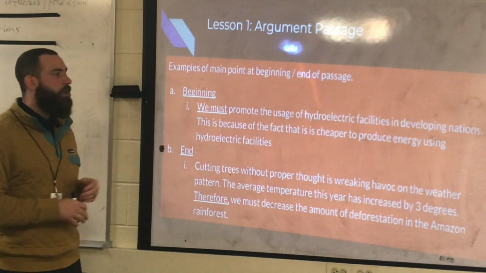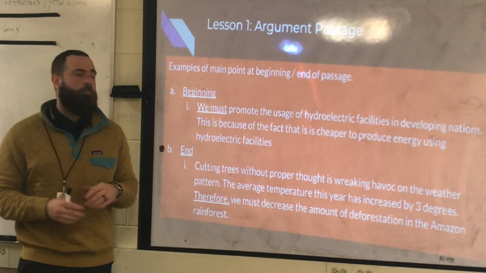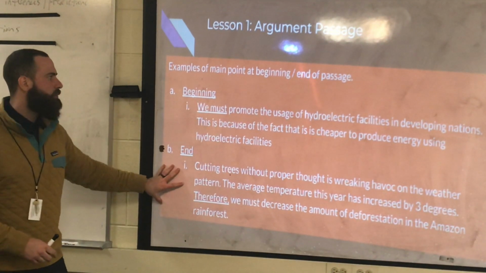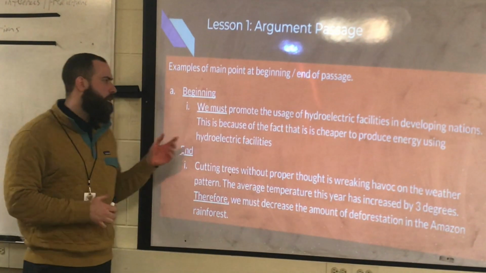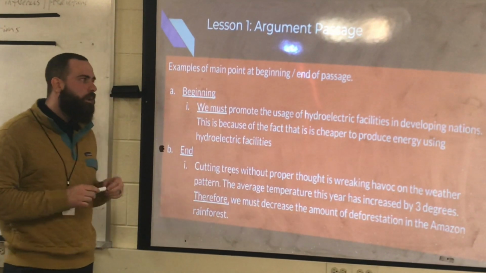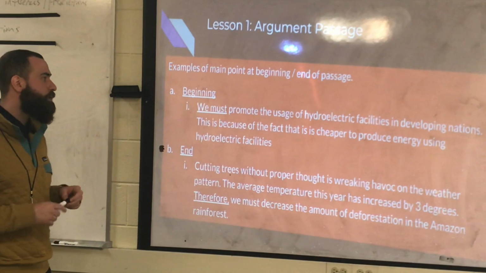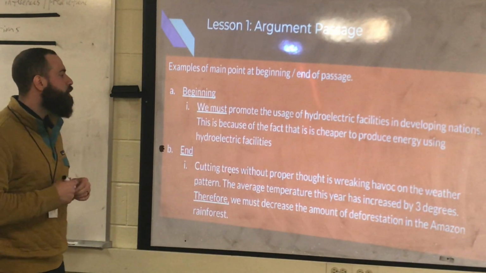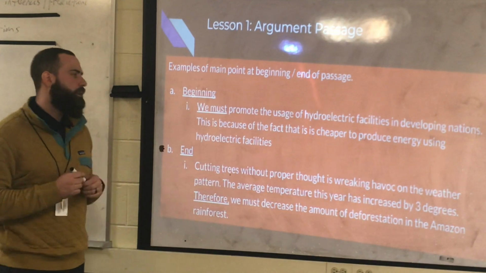Now, what we have on this slide are an example of that argument piece coming at the beginning of a passage and at the end of a passage. So looking at that first one, right, the paragraph reads as follows. We must promote the usage of hydroelectric facilities in developing nations. This is because of the fact that it is cheaper to produce energy using hydroelectric facilities.